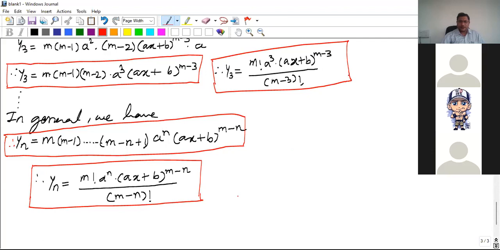So you got this idea of expressing a continuous product in terms of factorial. Is there any doubt?